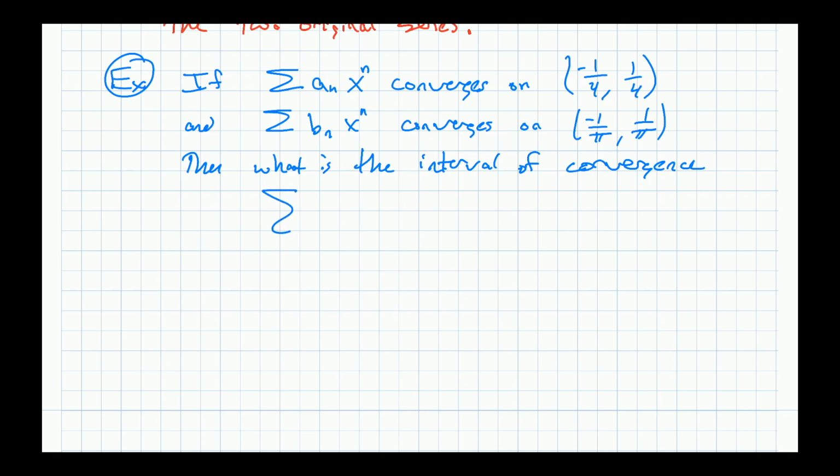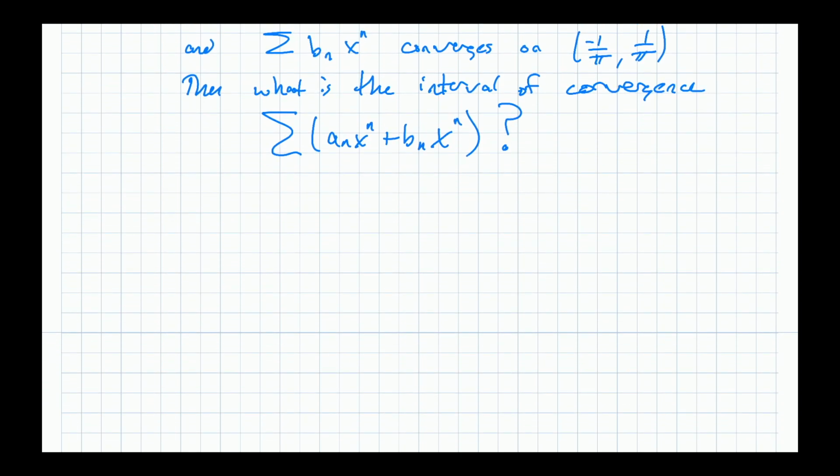So the series of an x to the n plus bn x to the n. What is that? Really all you've got to do is figure out what the common interval of convergence is. So just look at a number line.